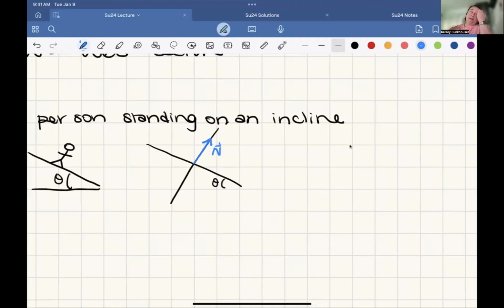And we know that an object would slide down an incline if there wasn't friction, so the static friction force is going to point up the incline. So Fs. And then we have the weight force, and the weight force points straight down. That's what I was showing on the slide, the weight force here, and then the angle theta there. The other thing I wanted to do is just show you a free body diagram first before we do a problem with this.